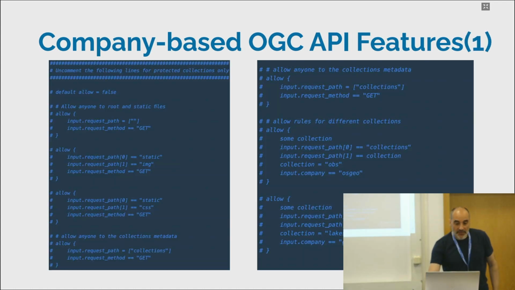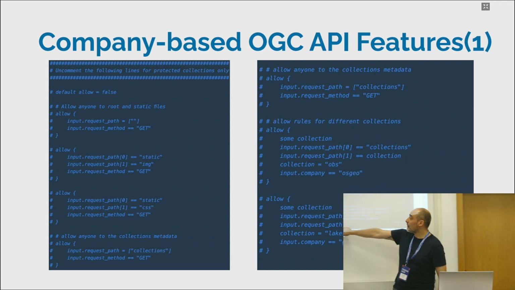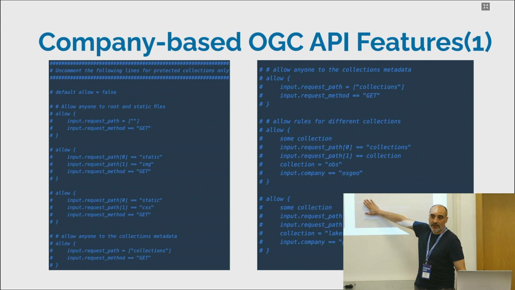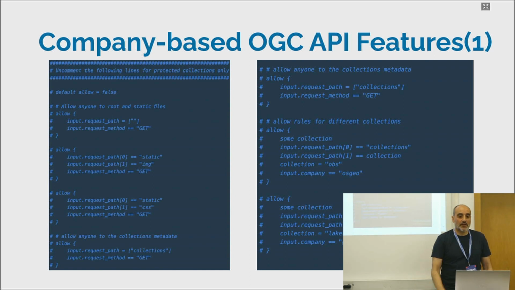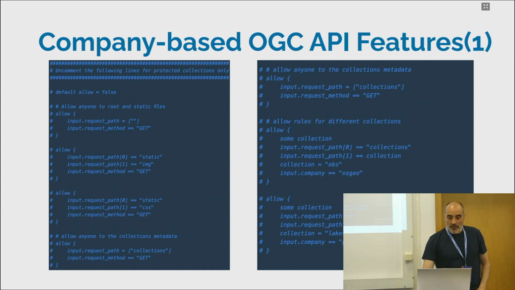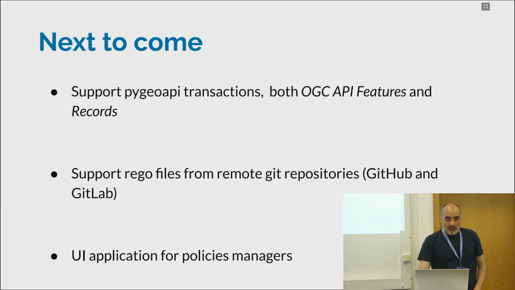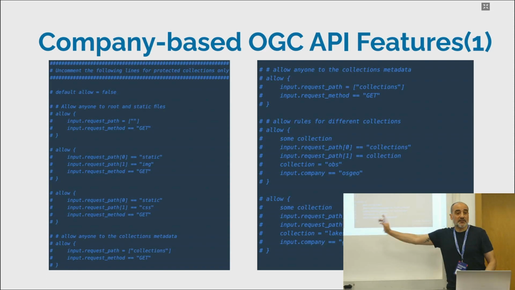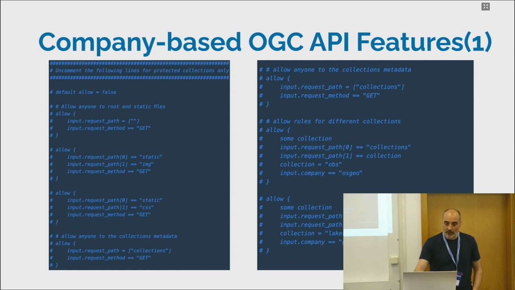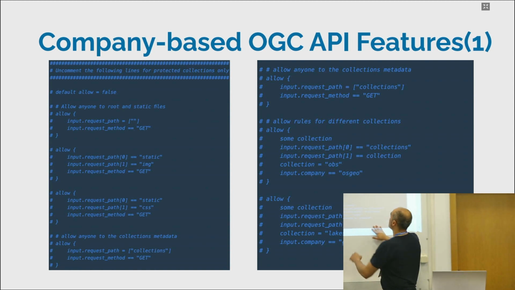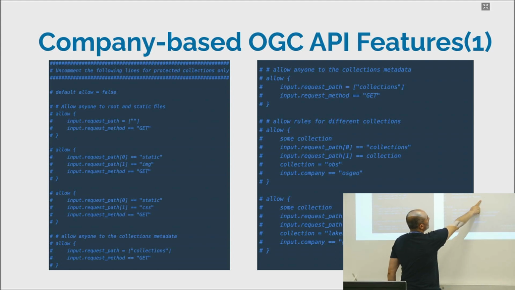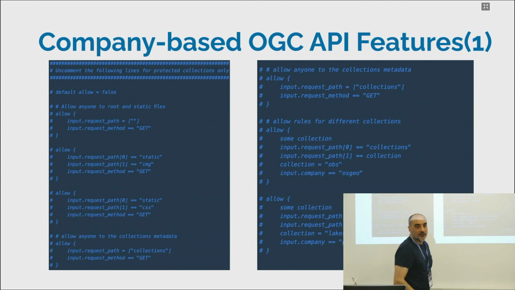If you uncomment the Rego file, you will have everything already there for testing purposes. You would end up with a specific user that, for example, here you see the collection obs, is allowed only for the user that belongs to the OGC company.